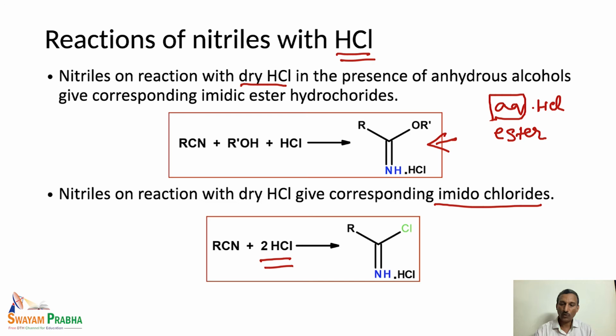If you are using aqueous hydrochloric acid and an alcohol, we end up with esters. If you are using dry hydrochloric acid and alcohol, we end up with the imidic ester hydrochloride. If you are not using alcohol at all and are only using dry hydrochloric acid, then we end up with the imidochloride. So, these are all the various reactions of nitriles.